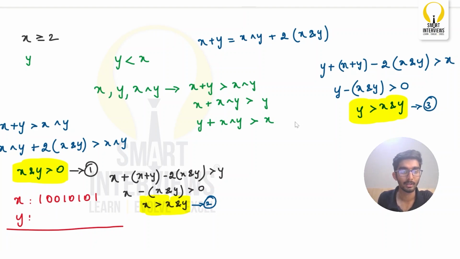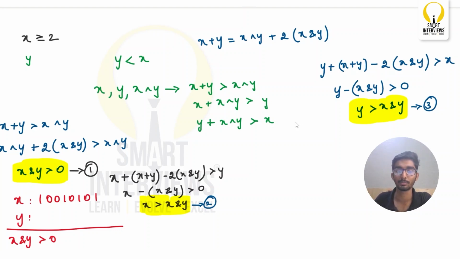To have x AND y greater than 0, we need at least one set bit in y which is also set in x. This is what we got from equation 1.